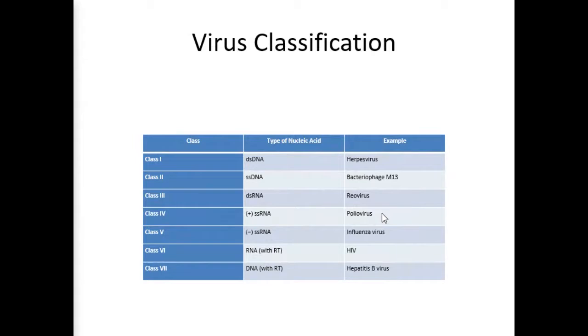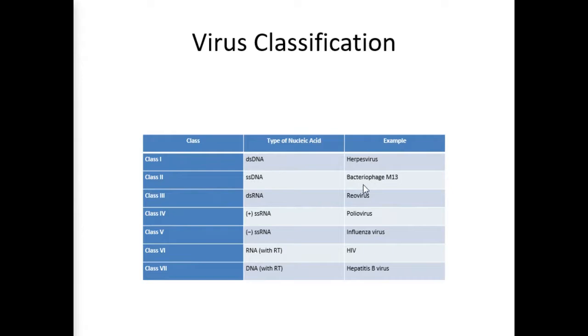The virus classification is basically according to the chemical nature of the genome and the mode of propagation. So there are different classes. They call this the Baltimore classification. We have class 1, double-stranded DNA, that's herpes virus.